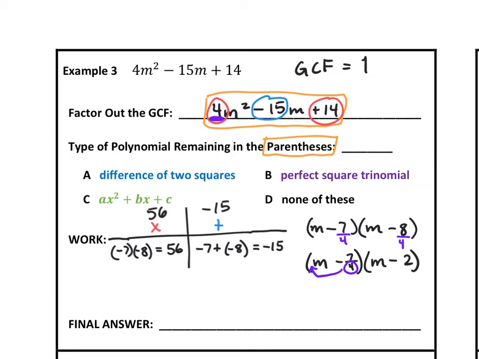So it's going to be a 4m minus 7, and then just bring down the m minus 2. Okay, so my final answer is the last thing that I got there, 4m minus 7 and m minus 2.